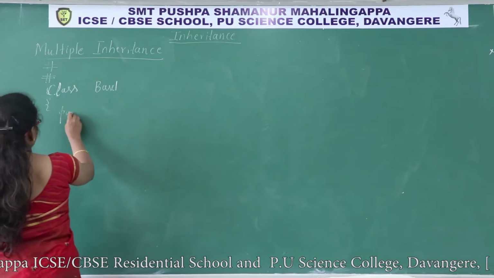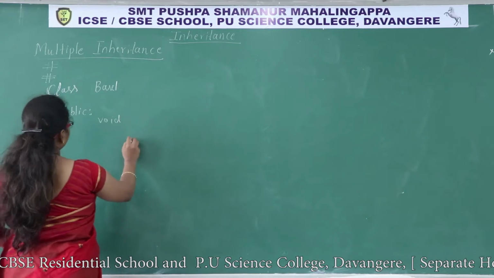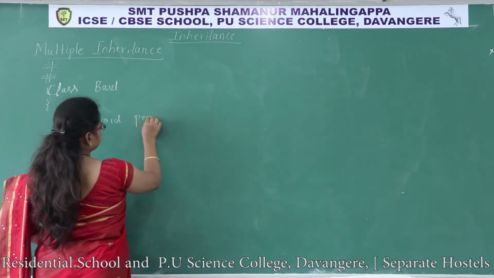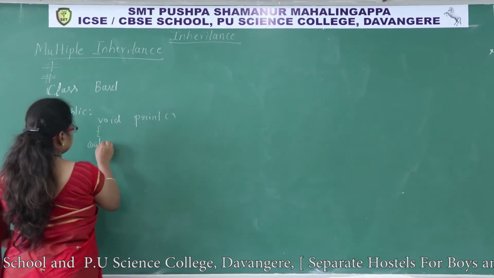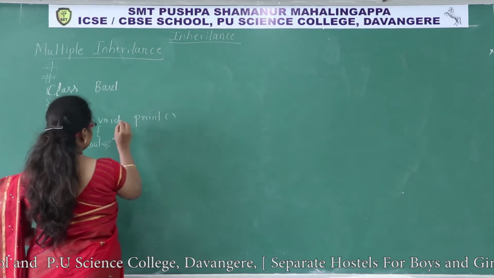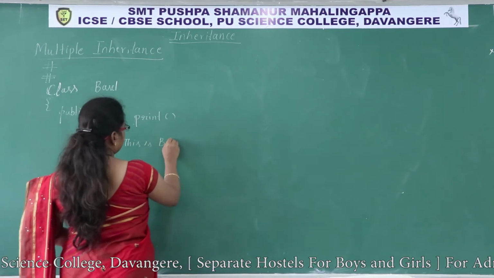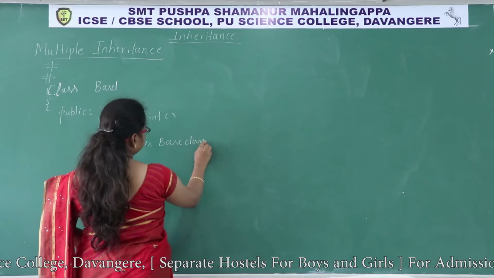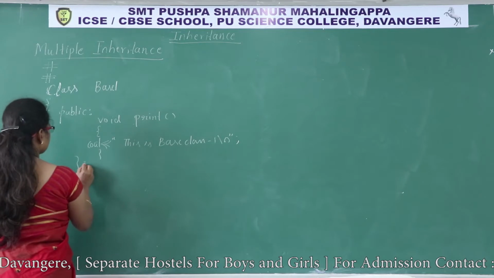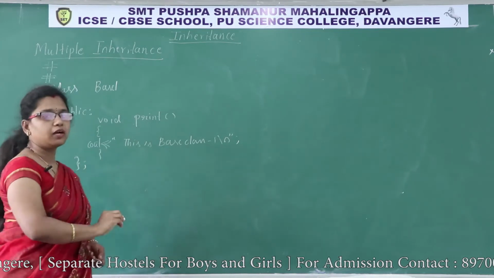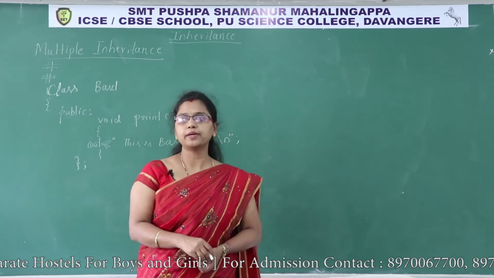In the public section, I will take a function, void print, which prints "this is base class 1". Close.